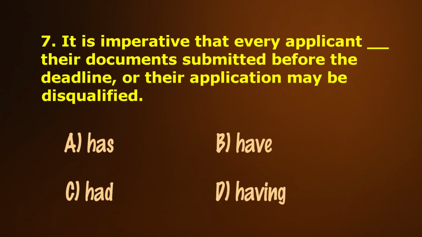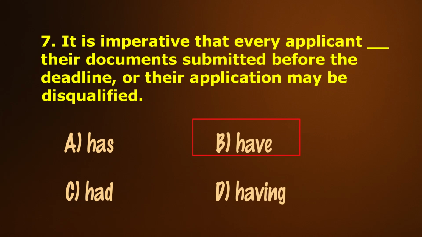Number 7. It is imperative that every applicant blank their documents submitted before the deadline, or their application may be disqualified. Has, have, had, having. And the correct option is B, have. It is the subjunctive mood again, so we use the base form.